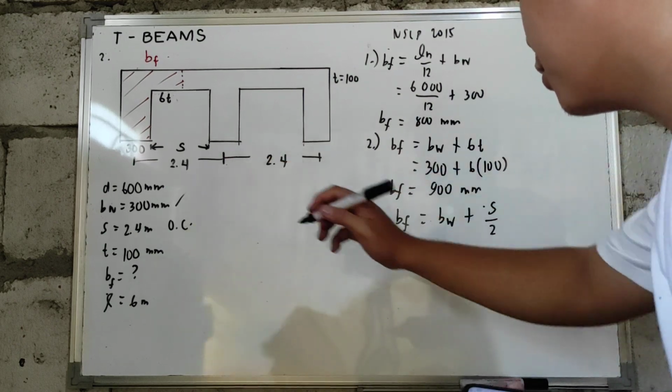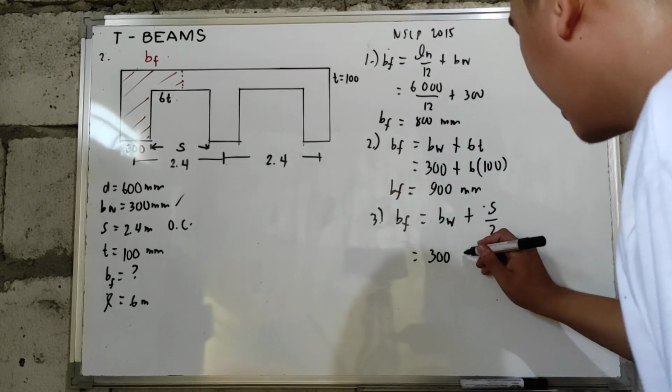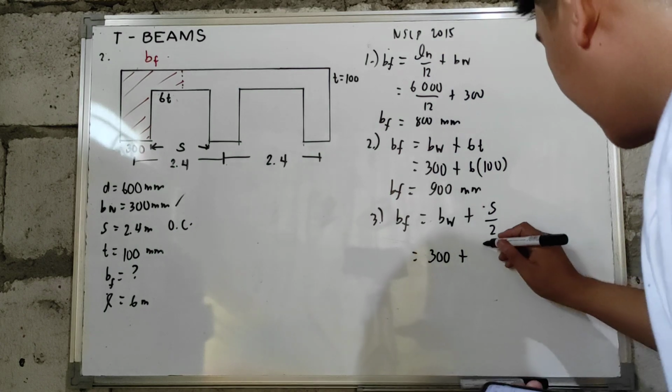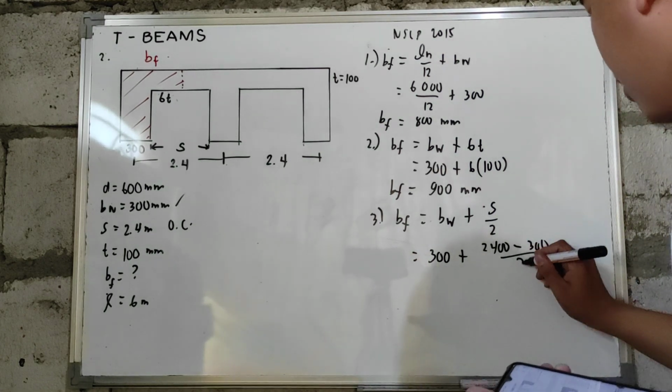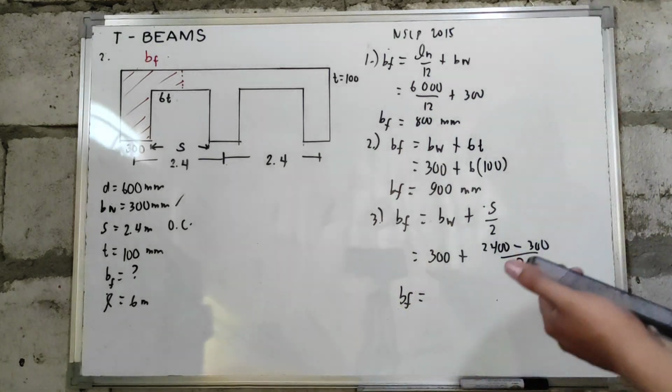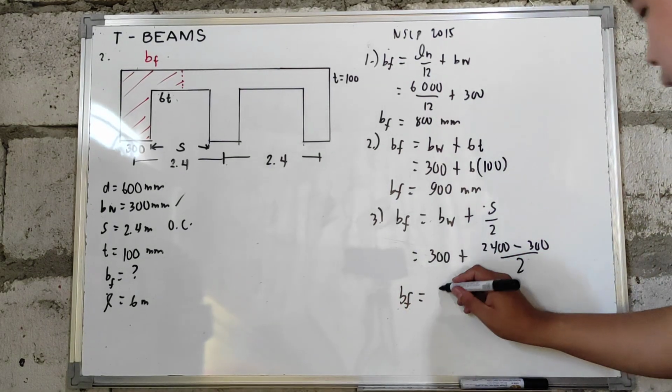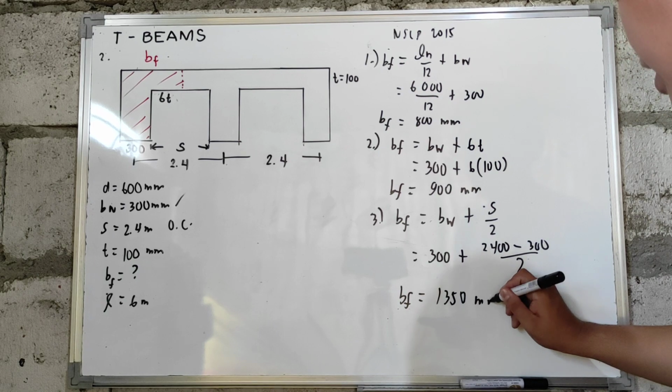Okay, so we have yung width nung web natin na 300 plus yung clear spacing natin na 2,400 minus 300 over 2. So, the value of the width of your flange is equal to 1,350 mm.